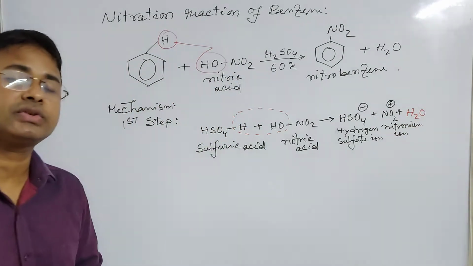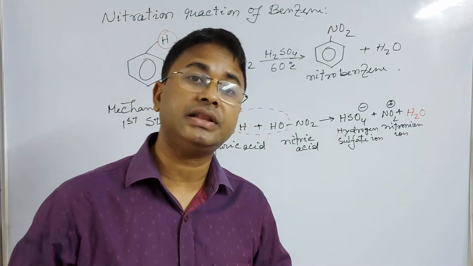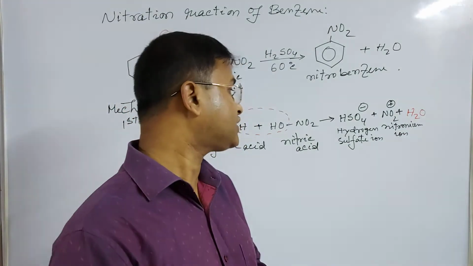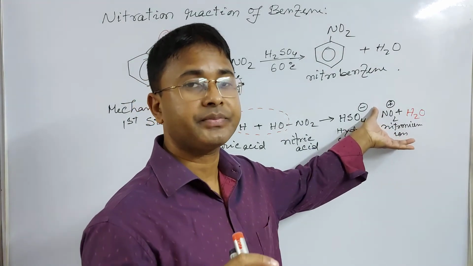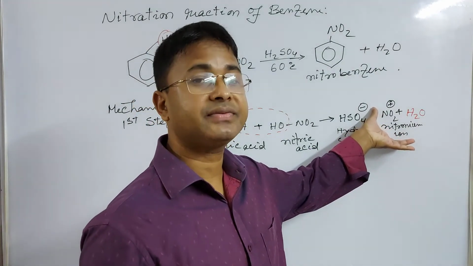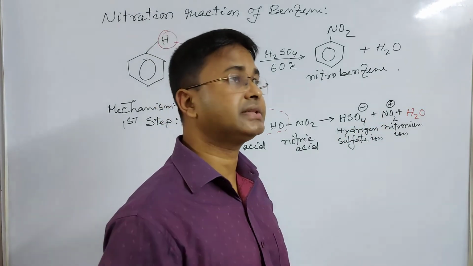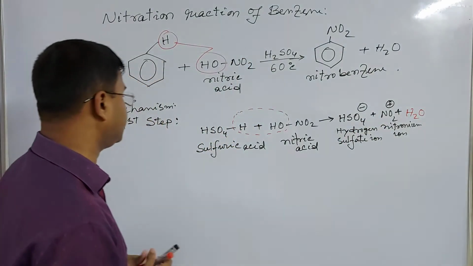Nitronium ion is actually an electrophilic reagent, an electrophile, because this positive nitronium ion attacks the electron density, the negative center. That's why nitronium ion is an electrophile or electrophilic reagent.